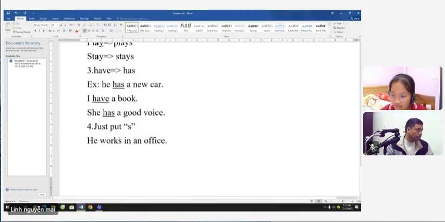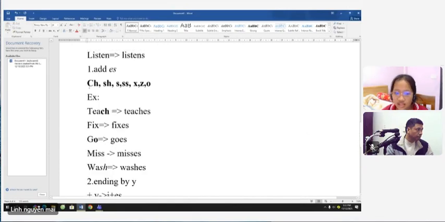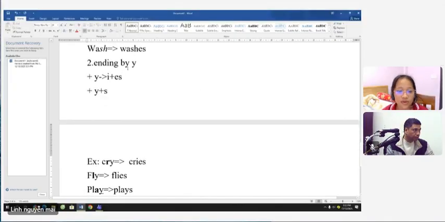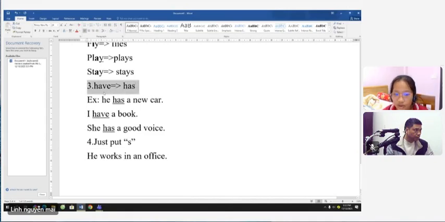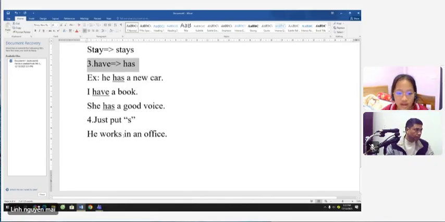So you see that in group 1, if the word ends in ch, sh, double s, x, z, and o, we put es. And if the word ends in y, we sometimes put es or s. There are two ways. And the word have, we change to has. Okay? But this one is not in any group, so we just put the s.